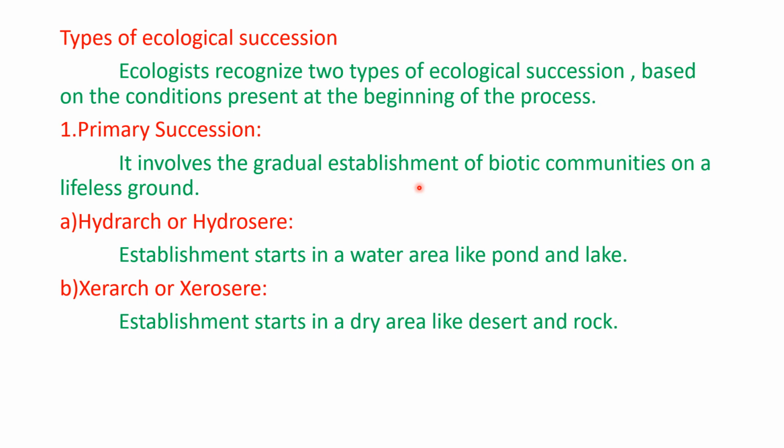Primary succession is further classified into two types. One is hydrarch or hydrosere. The establishment starts in a water area like a pond or lake. The second type is xerarch or xerosere. The establishment starts in a dry area like a desert or a rock.